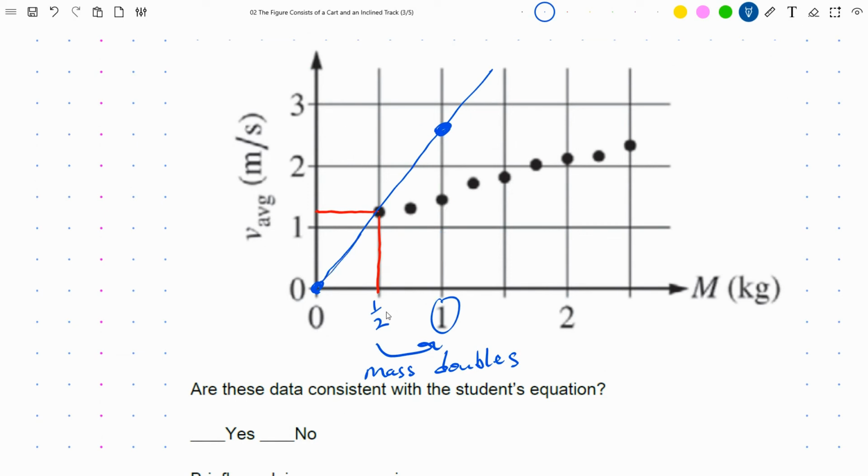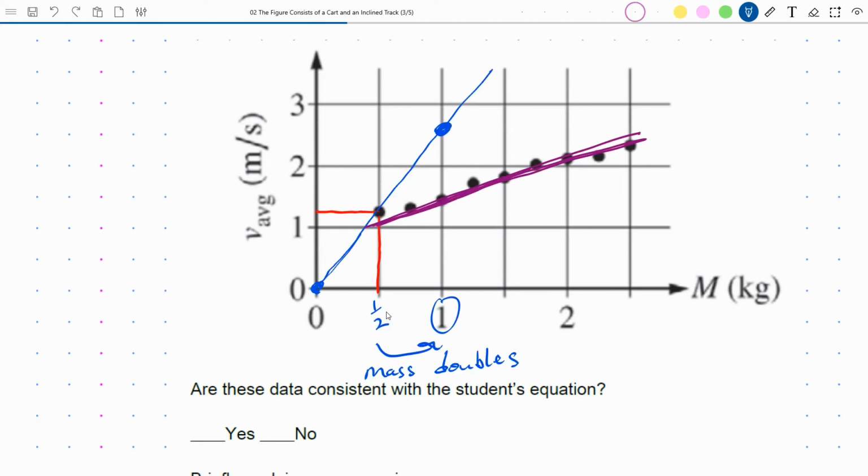And of course, what we have from this student is something far from it. It looks approximately linear. We're kind of forgiving of some uncertainty or experimental error. It looks pretty close to linear, but this is definitely not satisfying my test for proportionality the way it should.